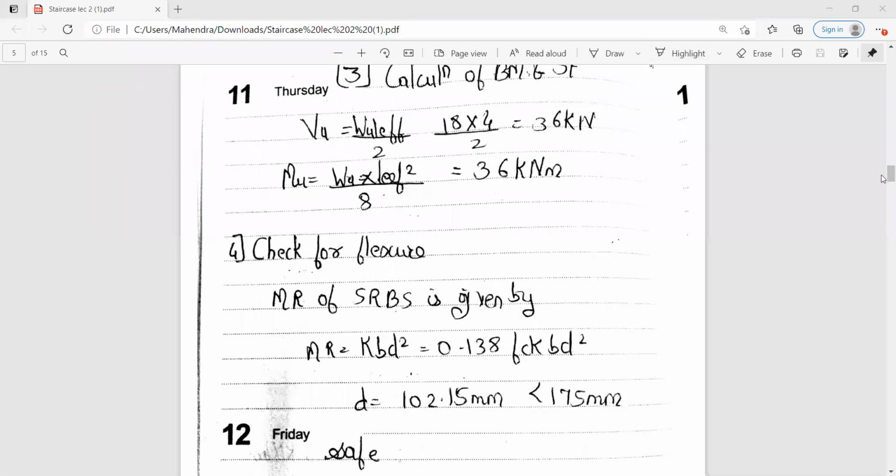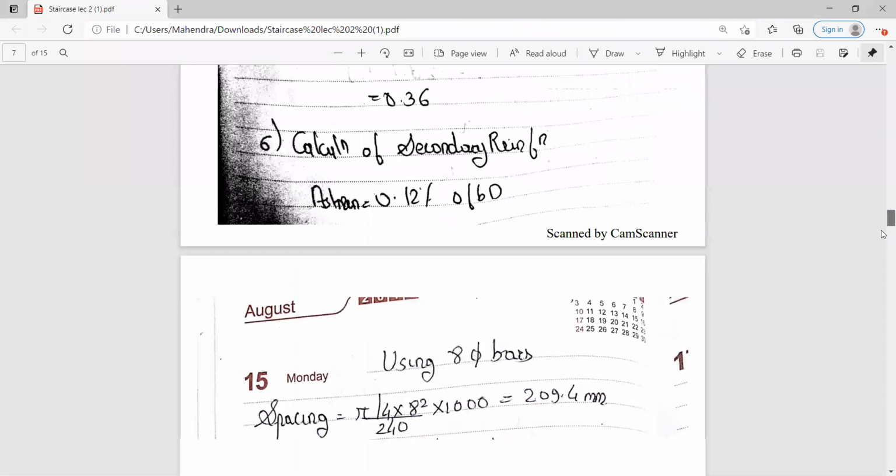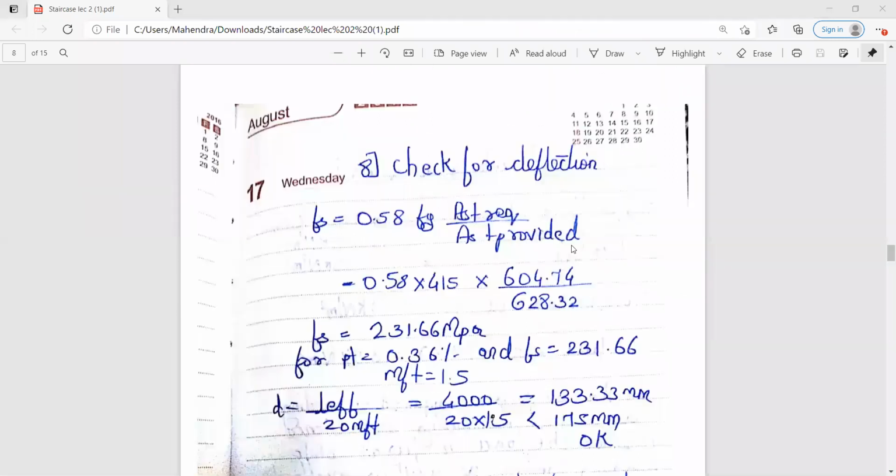Okay, we are done till deflection. Deflection was over. So it means design of flight was completely over.